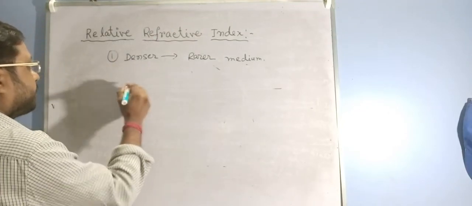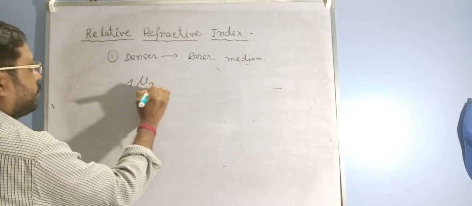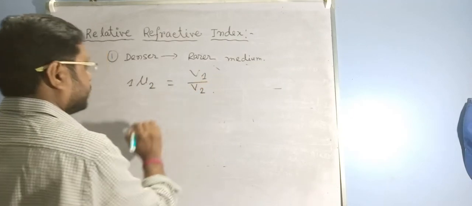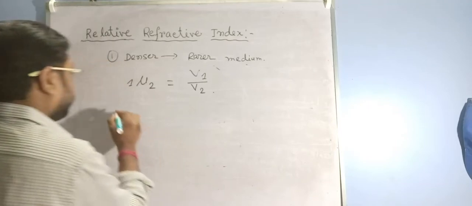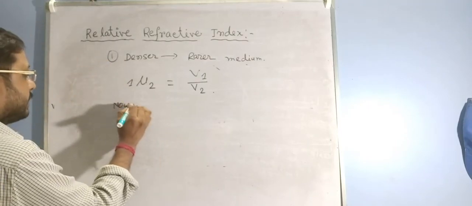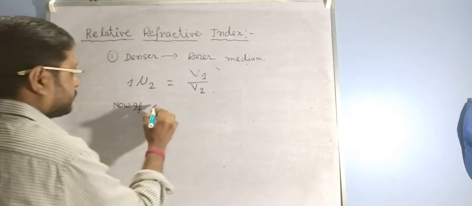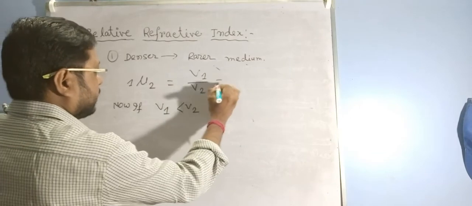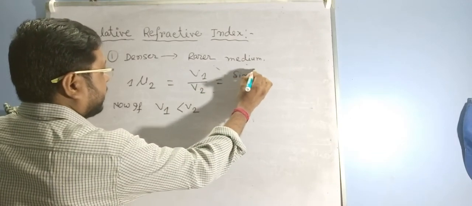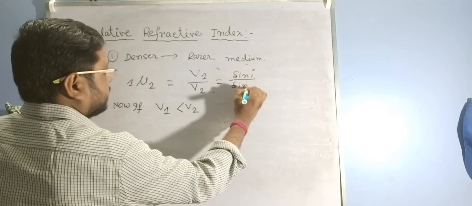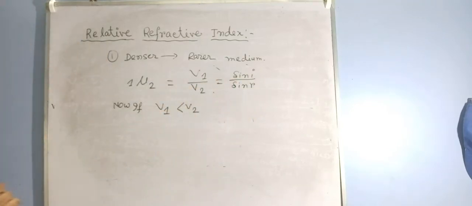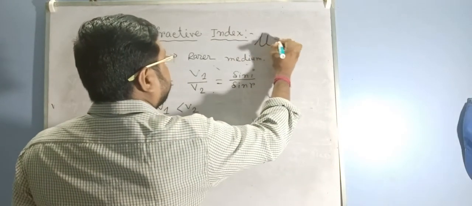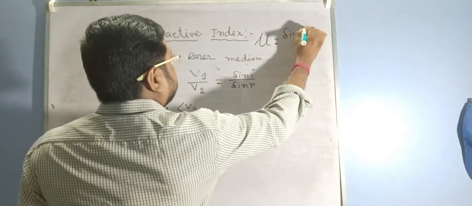As we know, 1 mu 2 is equal to V1 by V2, and now if V1 is less than V2, this is of course equal to sine I by sine R. This is the second law of refraction: mu equal to sine I by sine R.